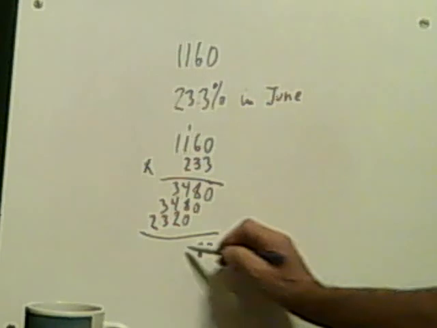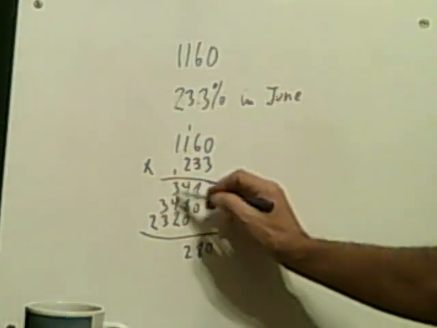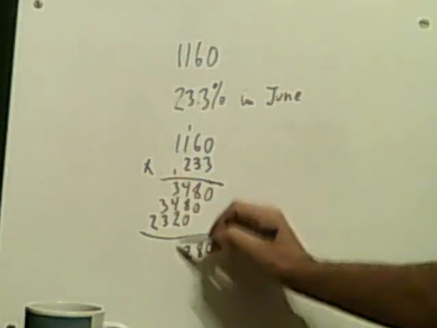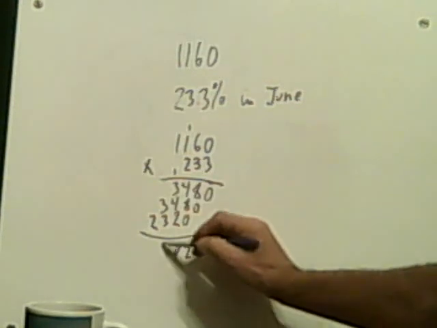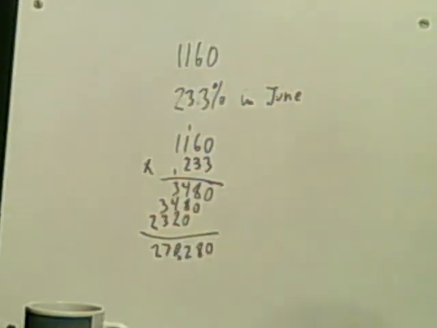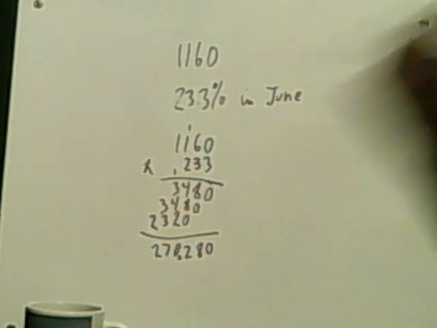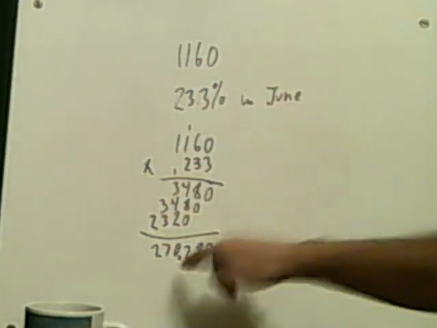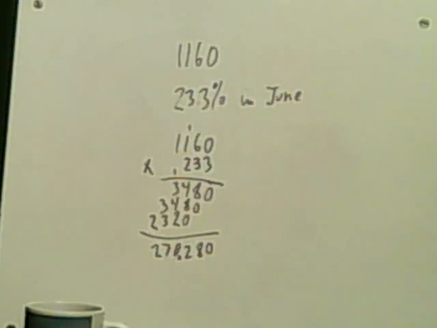Okay, we just add them up. 0, 8, 2, 1, that's 7. 10, 0, carry the 1, 7, 2. Now we're going to put in 3 decimal places. 270.28. Now, obviously, you can't have half a tornado.